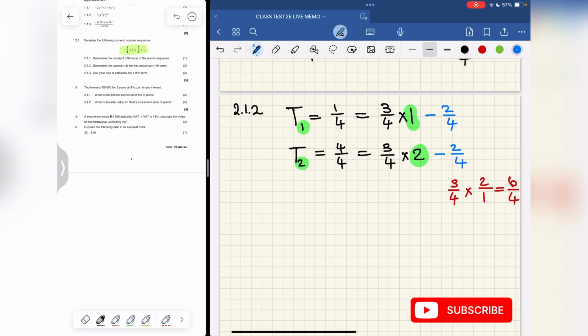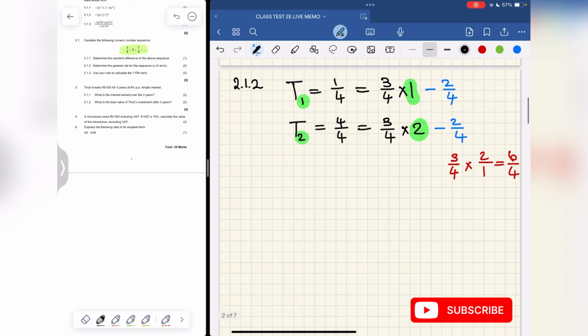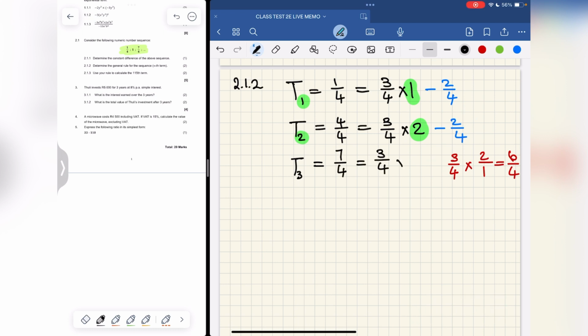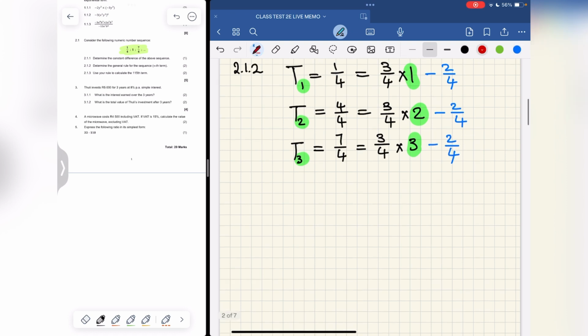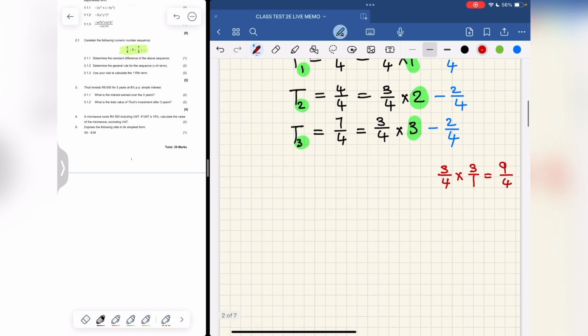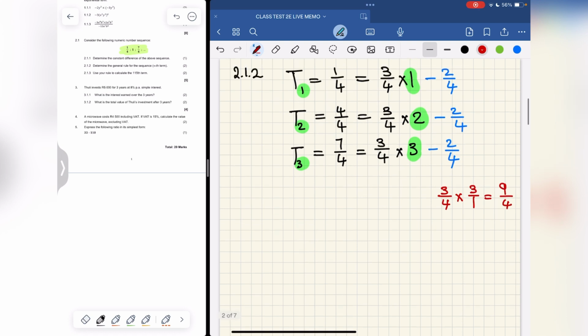So it works. And then lastly, let's just try it one more time with term 3. Term 3, I think, was 7/4. If I take 3/4 multiplied by the position here, which is 3, and let's subtract 2/4, 3/4 times 3 over 1 gives us 9/4. And 9/4, of course, is not equal to 7/4, but if I take away 2/4, I will get 7/4.